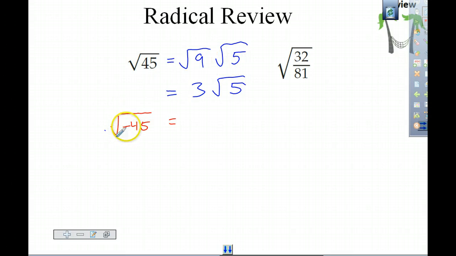The negative is the same as what number? If I said negative x, that means negative 1x, right? So negative 45, we can actually break it up into negative 1, and then 9, and then 5. So everything's the same as up here, except we have a square root of a negative 1.